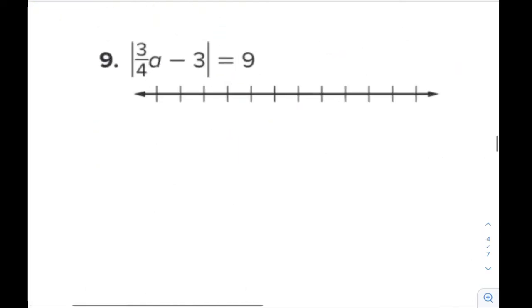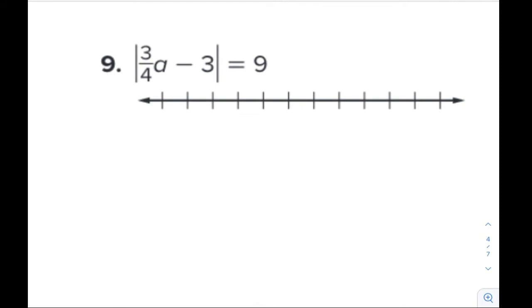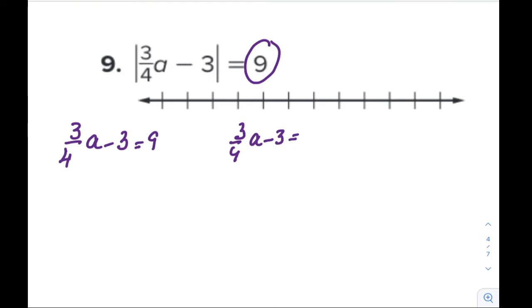Here we have a fraction. I know that most students do not like fractions, but we have here positive numbers, so it's an easy case. We have two cases as well. So this one will change, once with positive, once with negative.